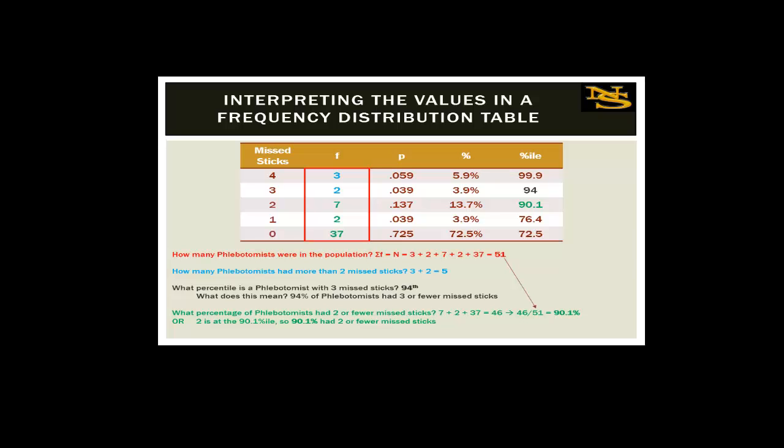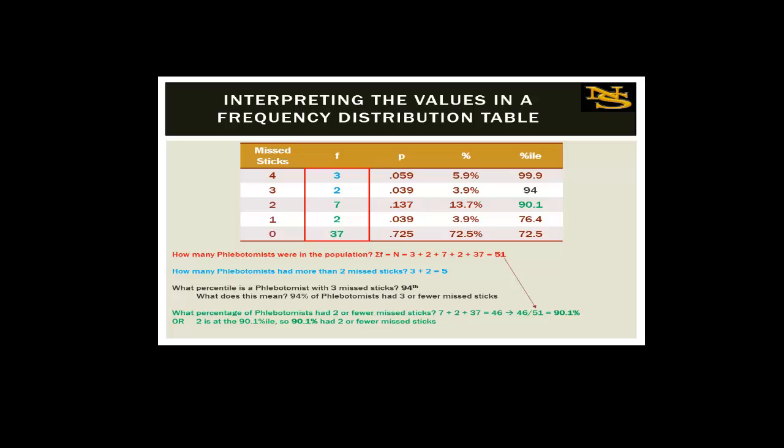Another question you could ask about the data, how many phlebotomists had more than 2 missed sticks? Well, instead of looking at raw data and trying to count that up, you can simply look at my table. More than 2 would be, in this case, 3 or 4. I had 2 phlebotomists who missed 3, 3 phlebotomists who missed 4, 2 plus 3 is 5. So 5 missed more than 2 sticks.